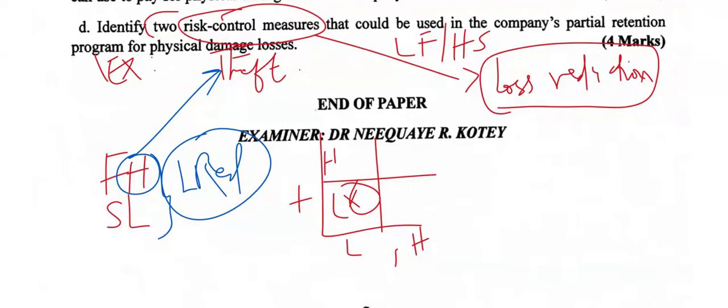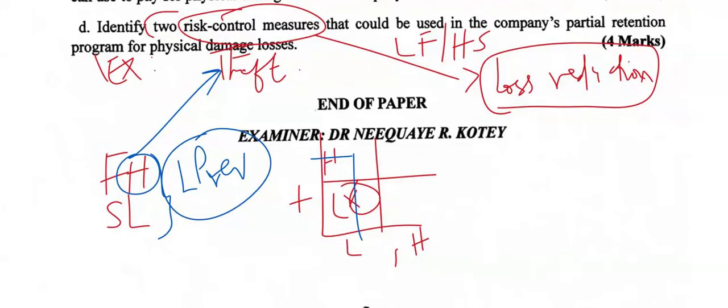Look at the quadrant. Watch. The frequency is high. The severity is low. It's loss prevention, right? Are you good? Yes. So the specific technique is loss prevention.